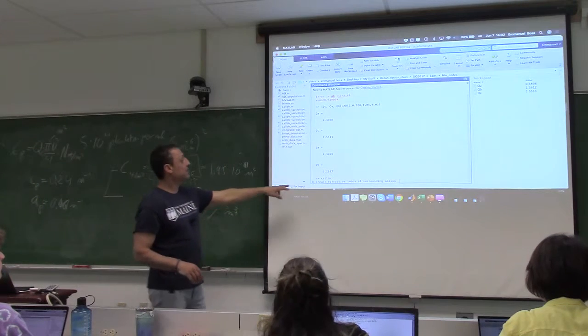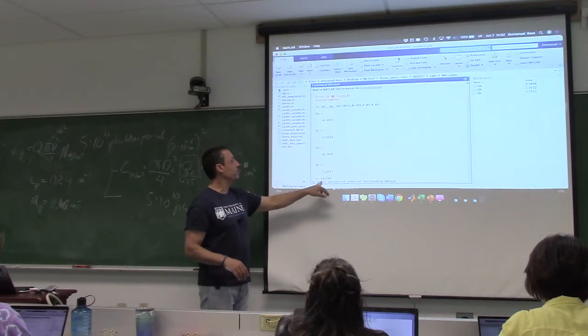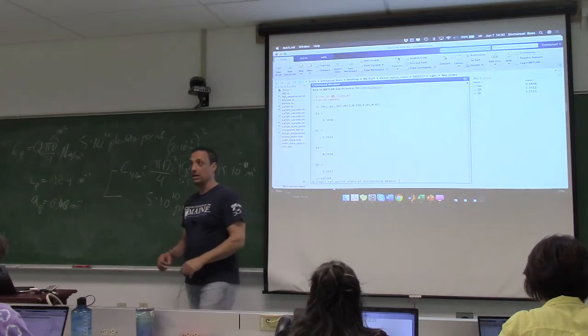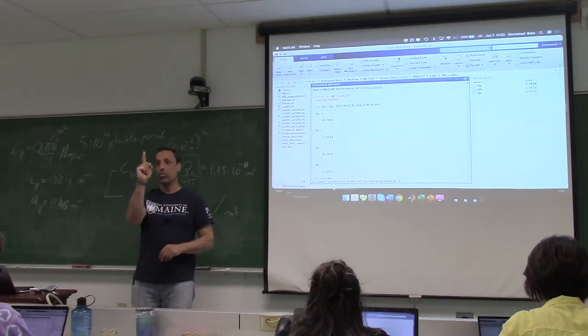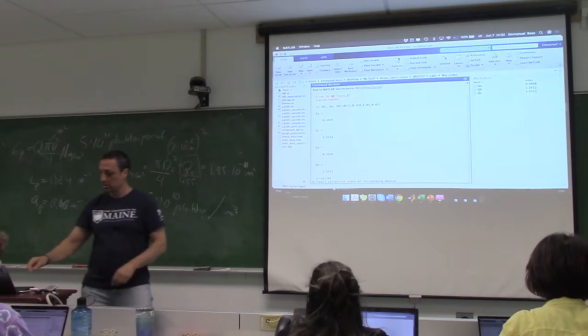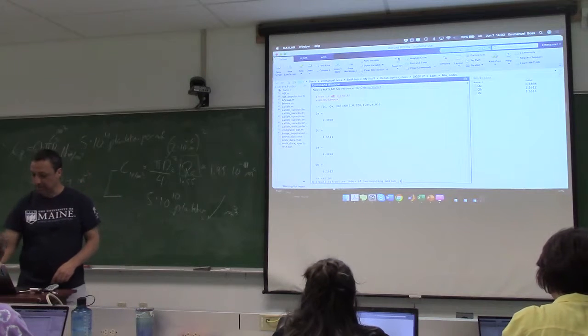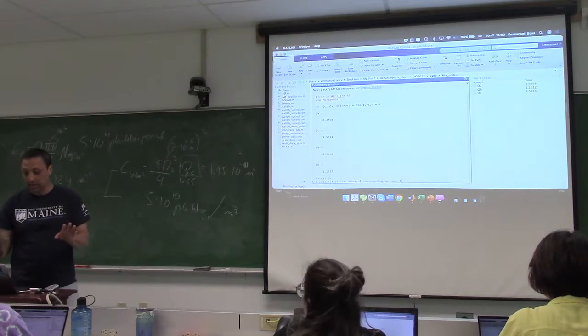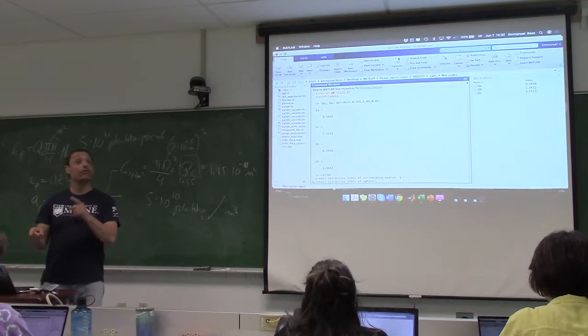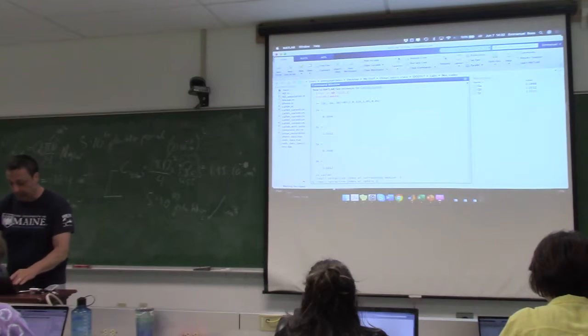It's asking me, what is the real refractive index of the surrounding medium? Since I'm doing everything in water, I'm going to put 1, because I'm already doing it relative to water. Real refractive index of the sphere, now it's 1.05.